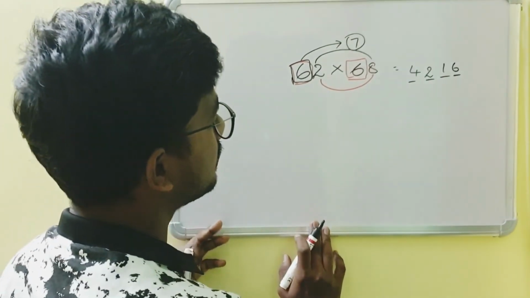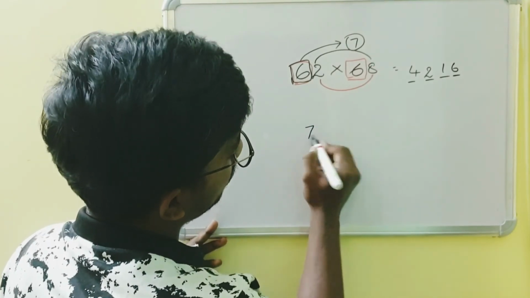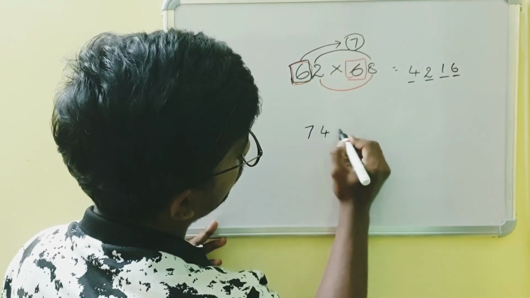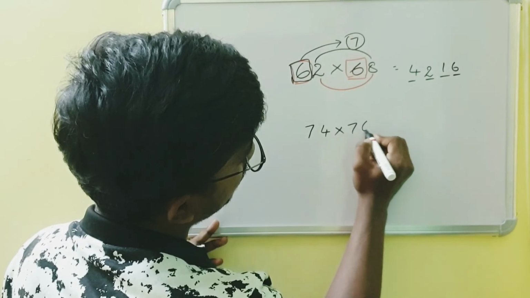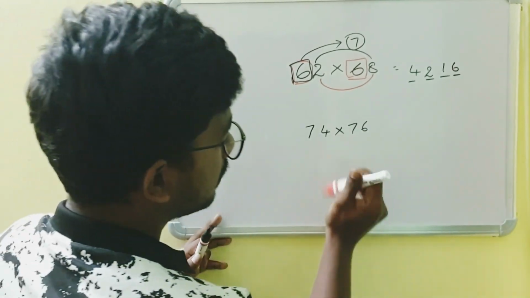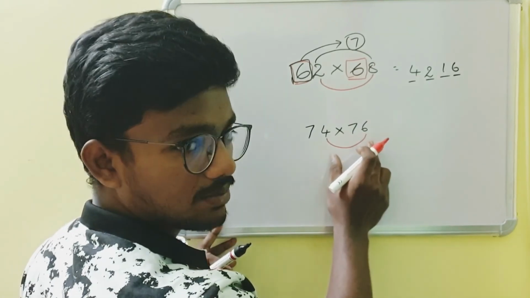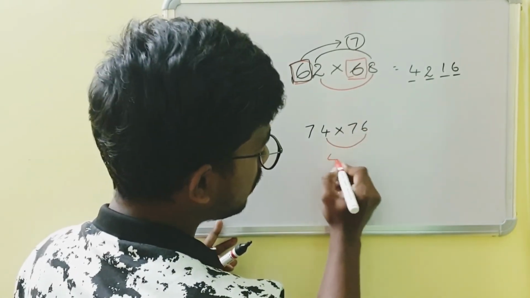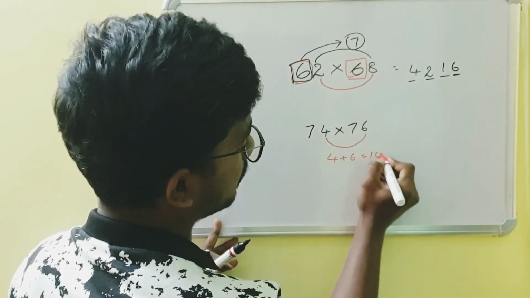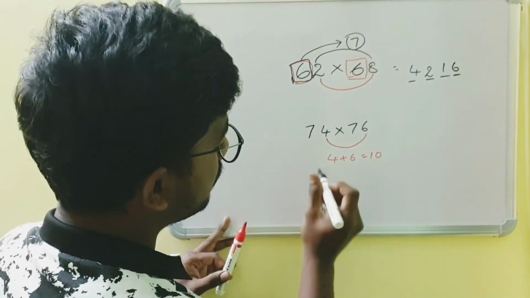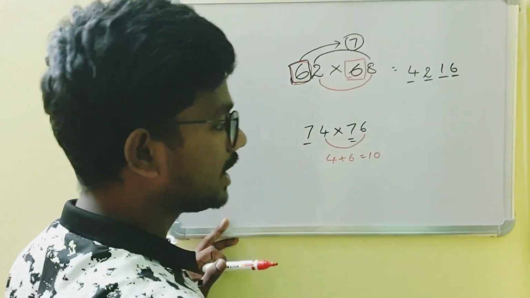Let us take another example. 74 into 76. Here the sum of the numbers in the units place is 10. 4 plus 6 is equal to 10 and the numbers in the tens place are equal.